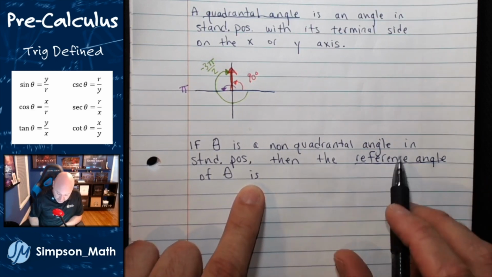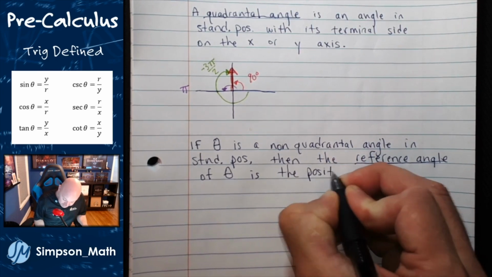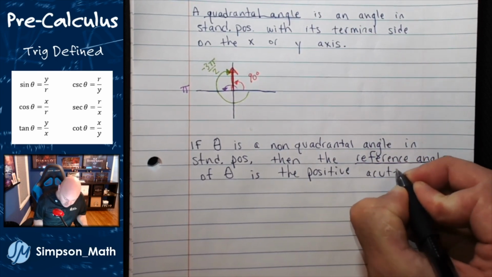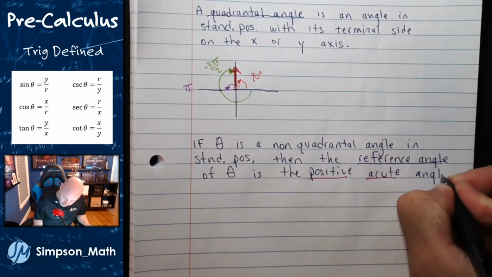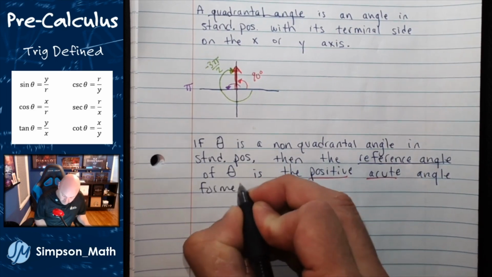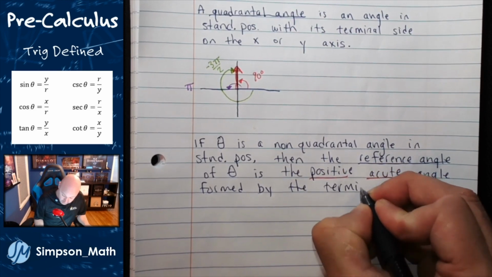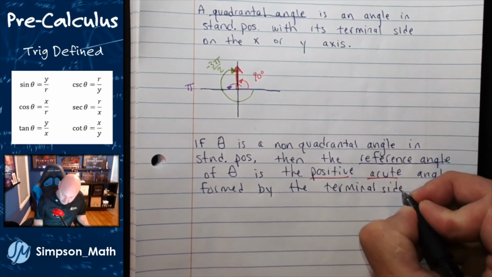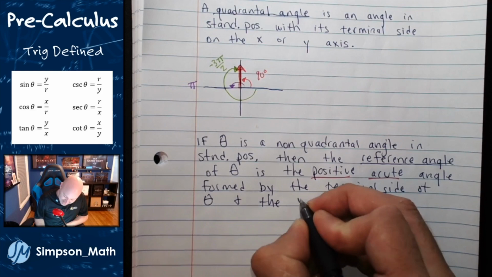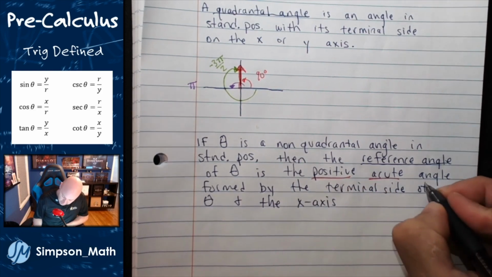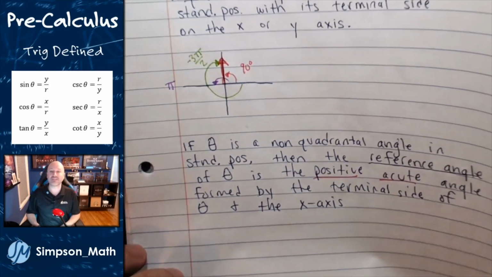Let me just finish writing this down. The reference angle of theta is the positive acute angle formed by the terminal side and the x-axis. All right, that's a lot of words, but let me draw a picture to help explain this reference angle idea.